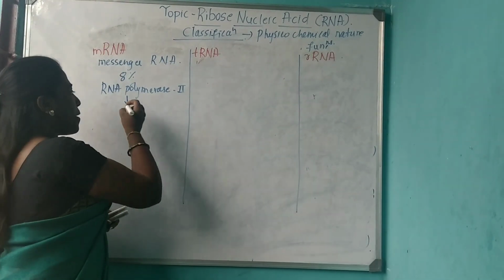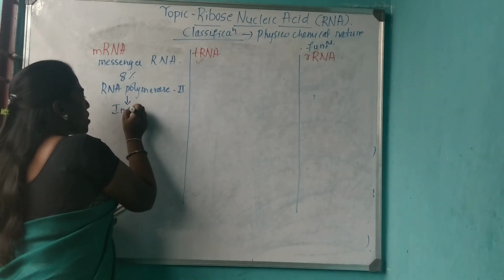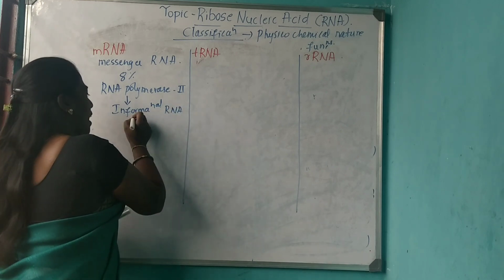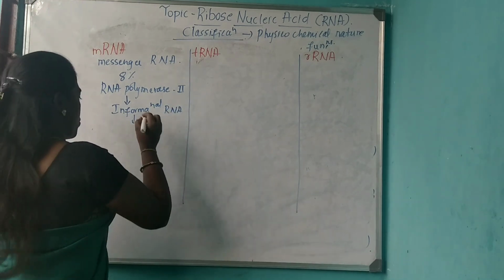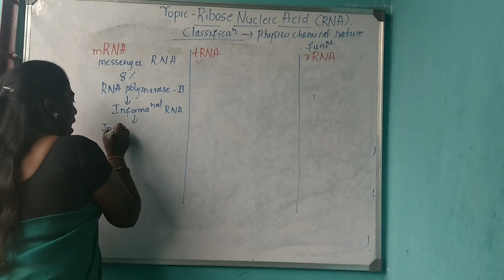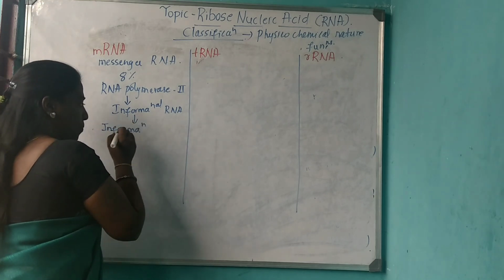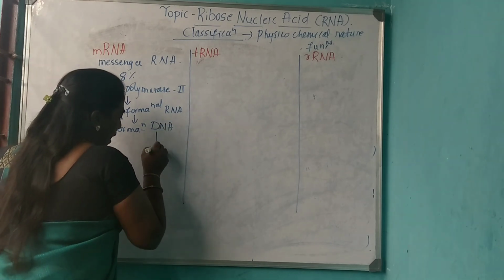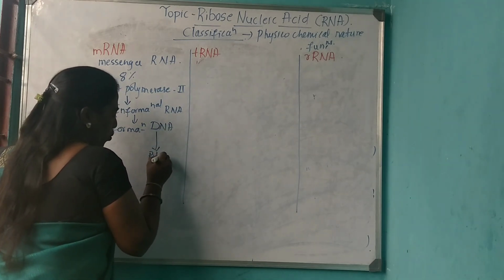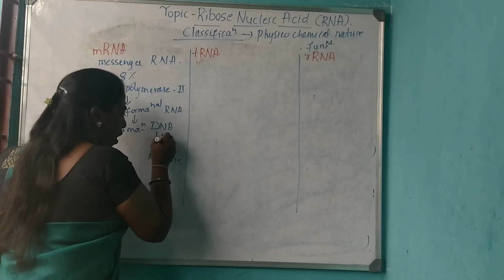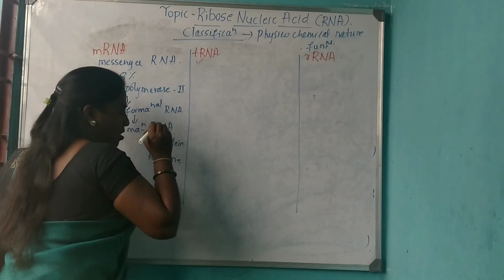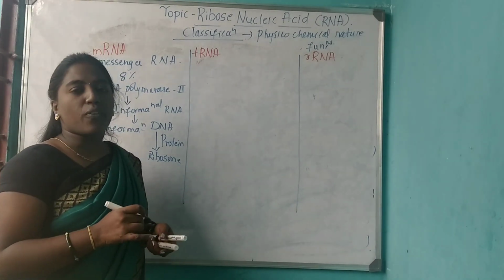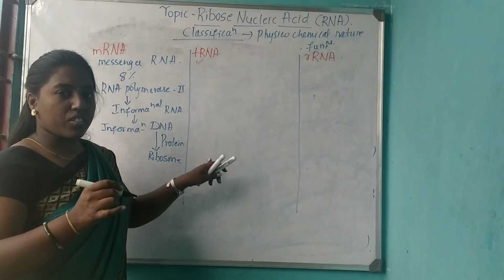Hence, it is also called informational RNA, as it carries the information from the DNA to the ribosomes for protein synthesis. Is it understood?